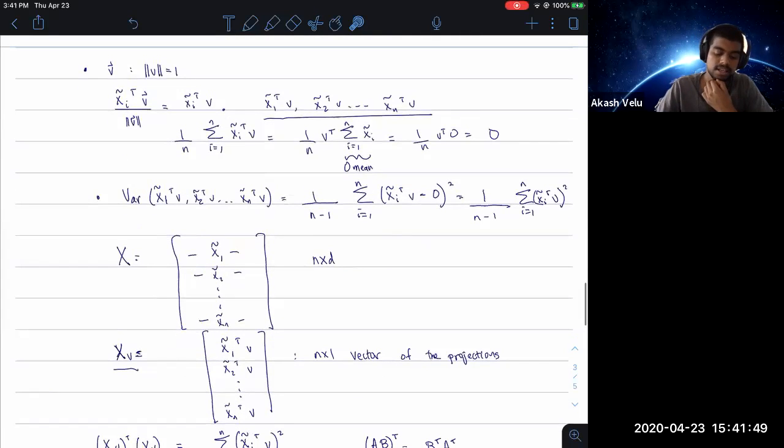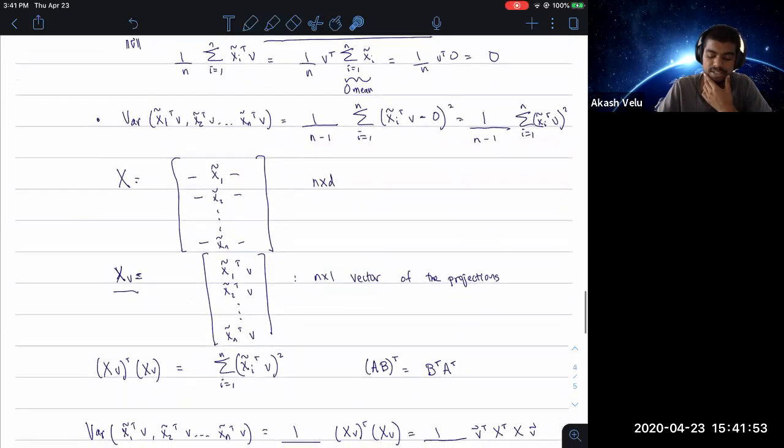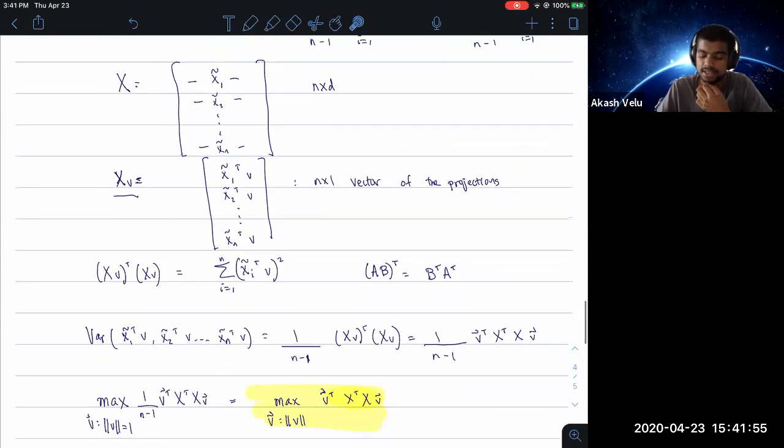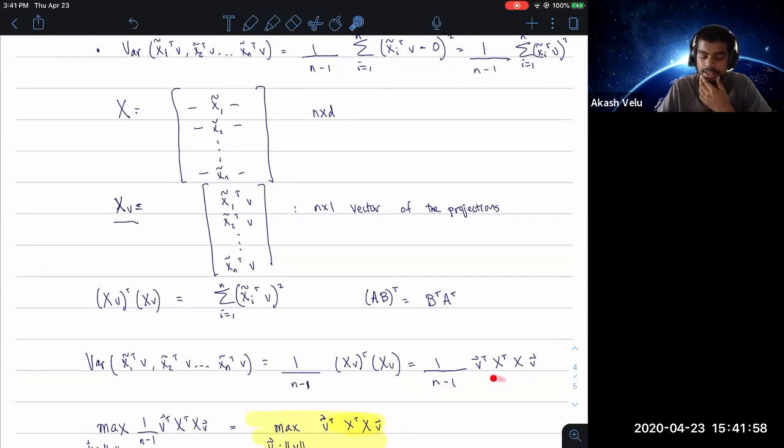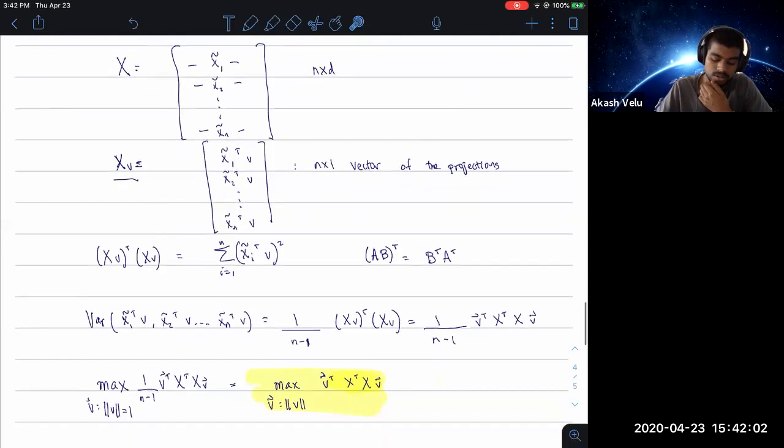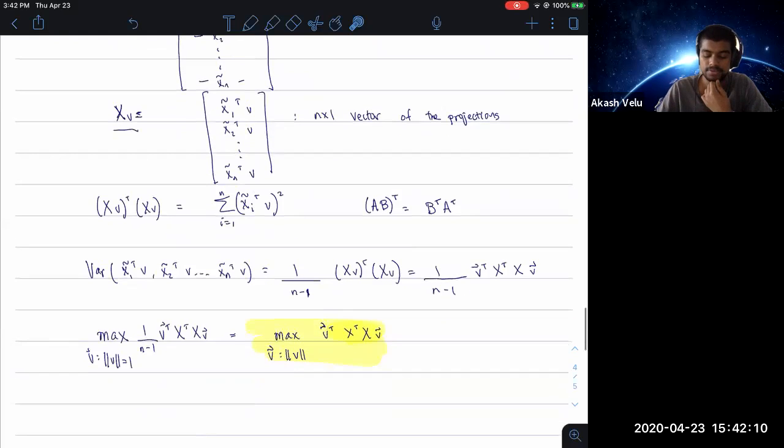Then we found that if we fix a v, the variance of the points can be nicely represented as this formula. Except now we want to find the v that maximizes it. So out of all the possible choices of v such that the norm is 1, we want to find the one that maximizes this quantity. And that's the final PCA problem.